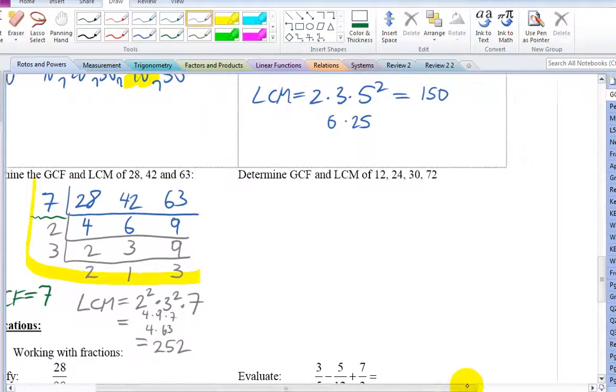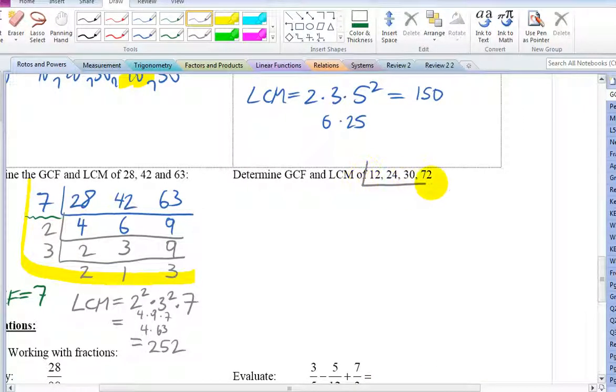All right, try the next one by yourselves. Go for it. Do your division, see what you can get.